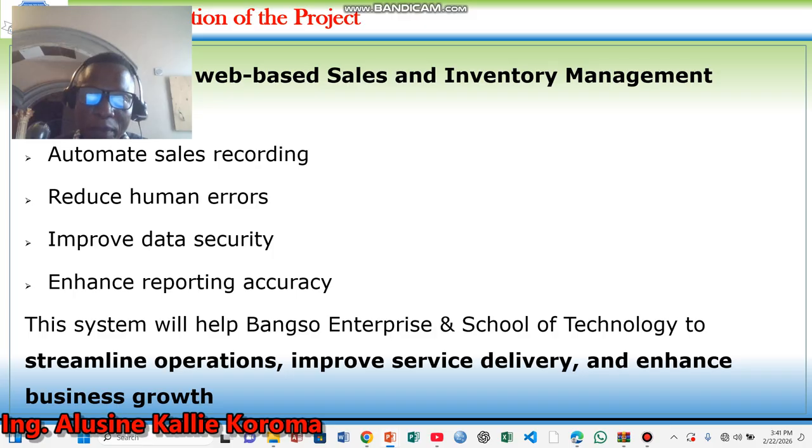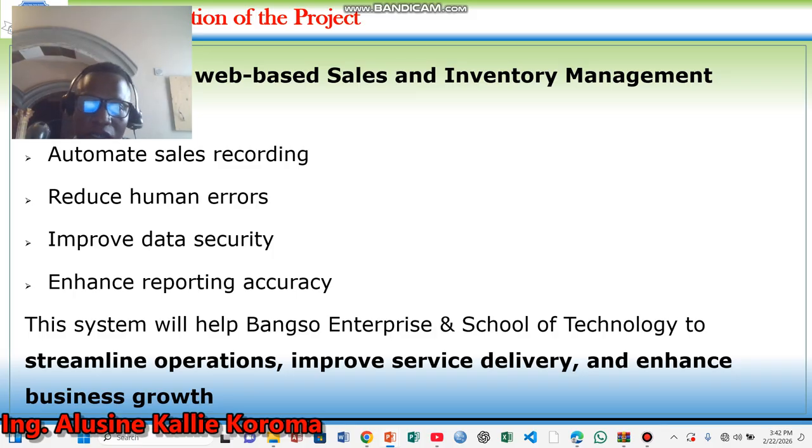In implementing a web-based sales and event management system, which is the system that I want to implement, the system will automate sales recording. Instead of a paper-based system, they will use the system to automate the sales recording. It will also reduce human error, because this is a web application where you can enter all their daily records within a minute or an hour.